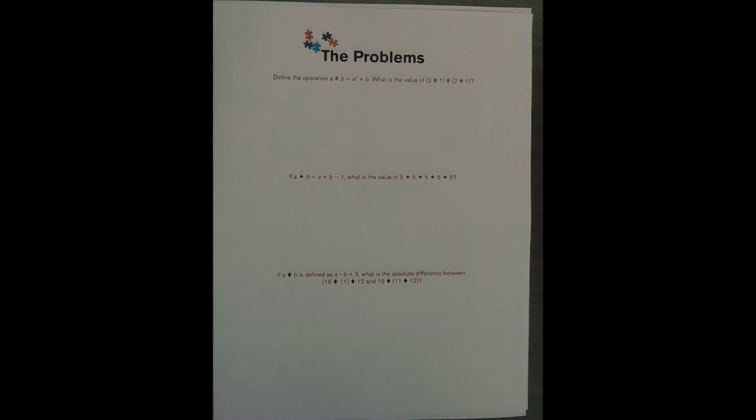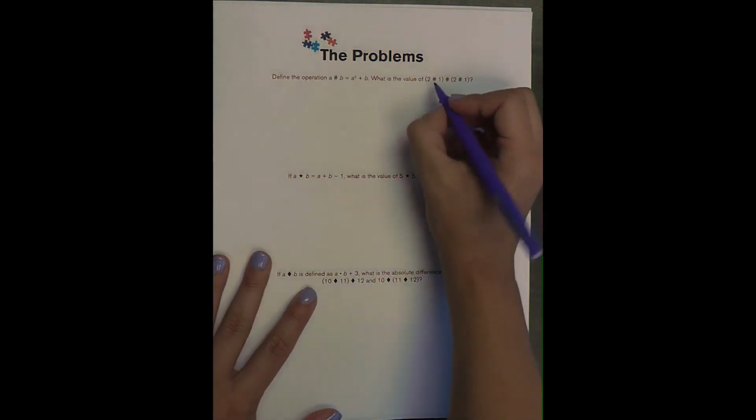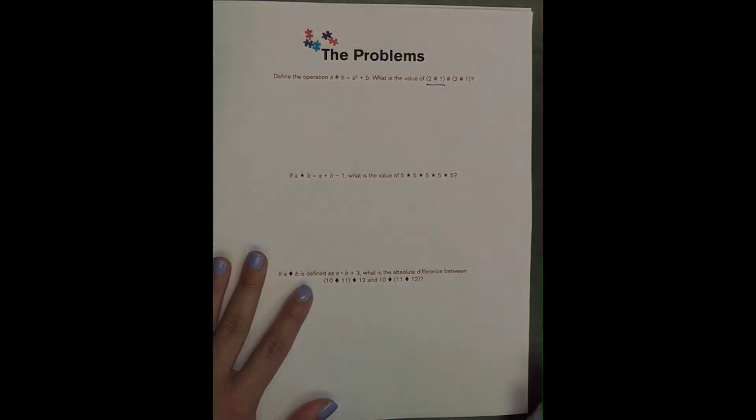And the first problem reads, define the operation A hashtag B as A squared plus B. And then what is the value of quantity 2 hashtag 1 hashtag quantity 2 hashtag 1. So just diving into this, we're going to follow our order of operations, which always says parentheses first. So let's look first at this 2 hashtag 1 in the first set of parentheses.